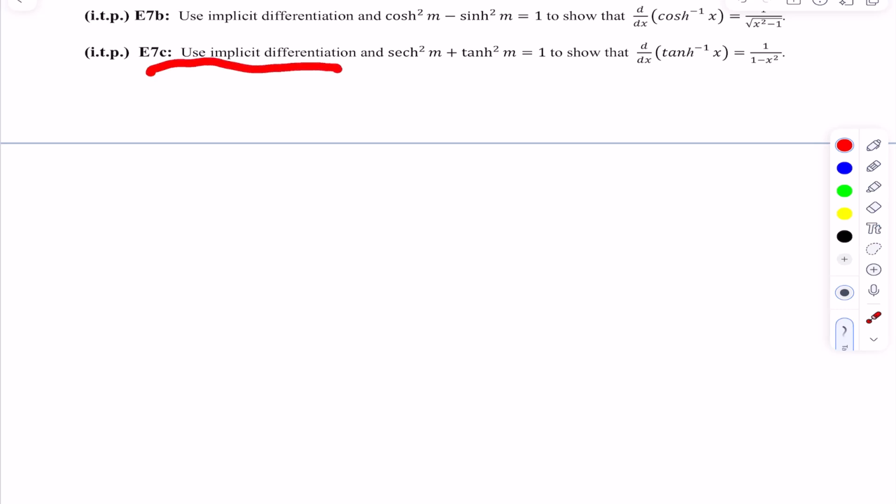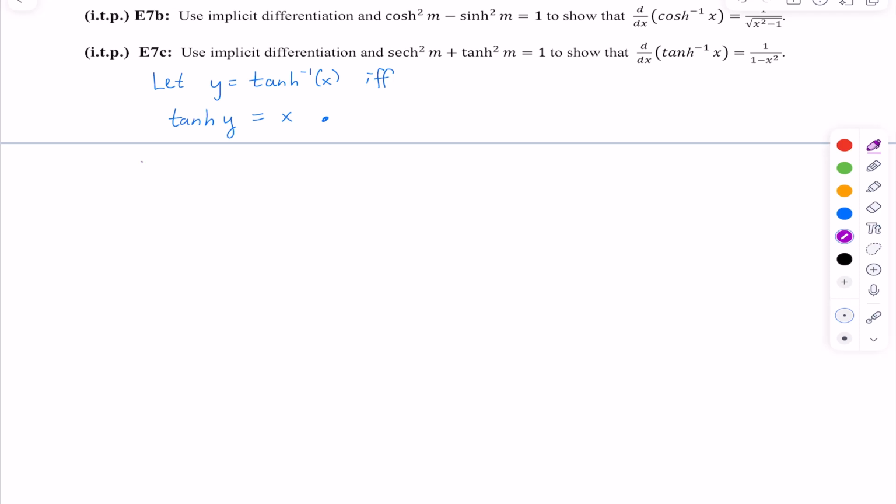Let's use implicit differentiation to find a derivative of the inverse hyperbolic tangent of x. We'll begin with letting y equal the inverse hyperbolic tangent of x if and only if the hyperbolic tangent of y is equal to x.